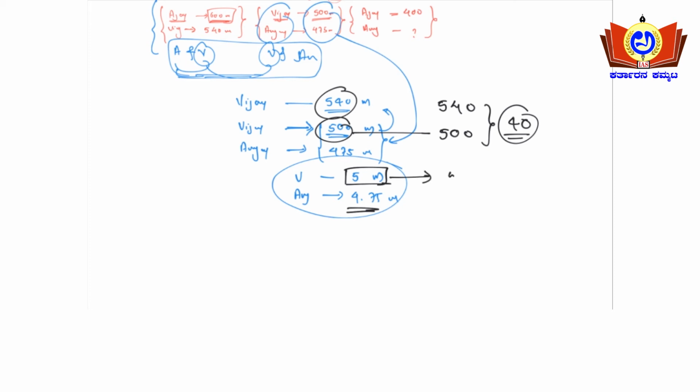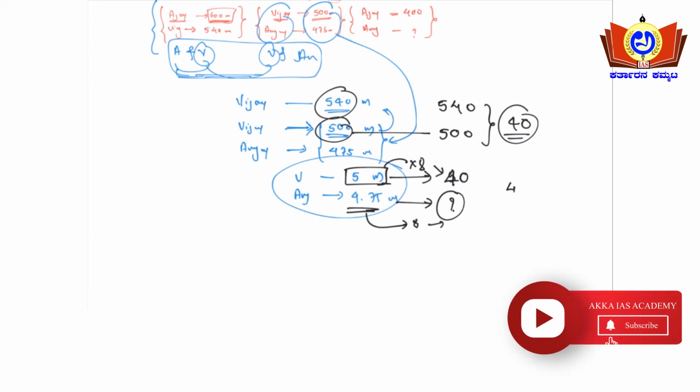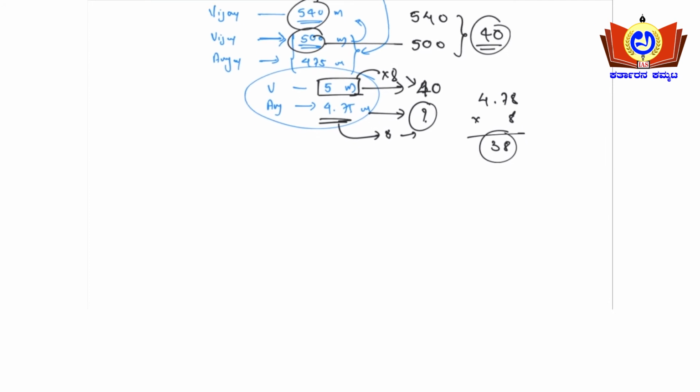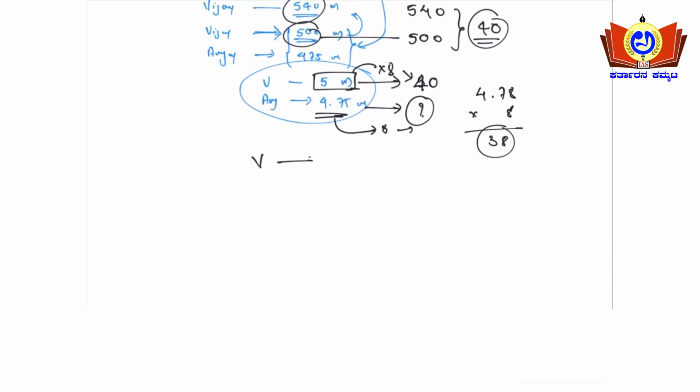So when Vijay travels 40 meters, how much will Anjay travel? 5 into 8 is 40, so 4.75 into 8 is 38. So when Vijay is traveling 40 meters, Anjay will be traveling 38 meters.